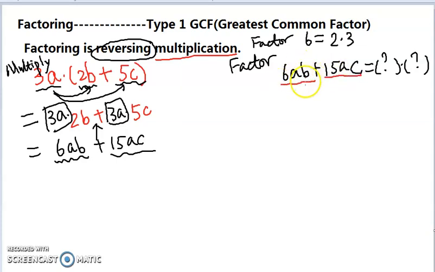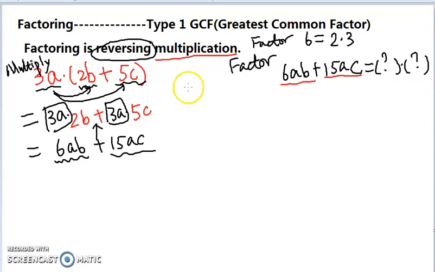How do we know 3a is in both of them? That goes back to the idea of GCF, which is called greatest common factor. The way we do that will be very similar to finding the GCF of numbers.